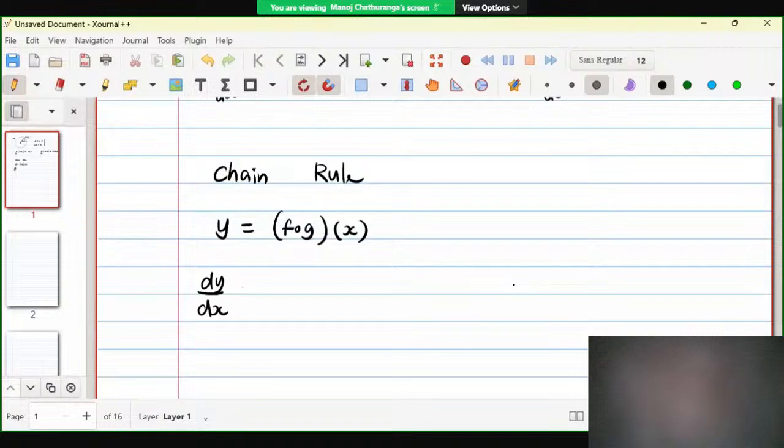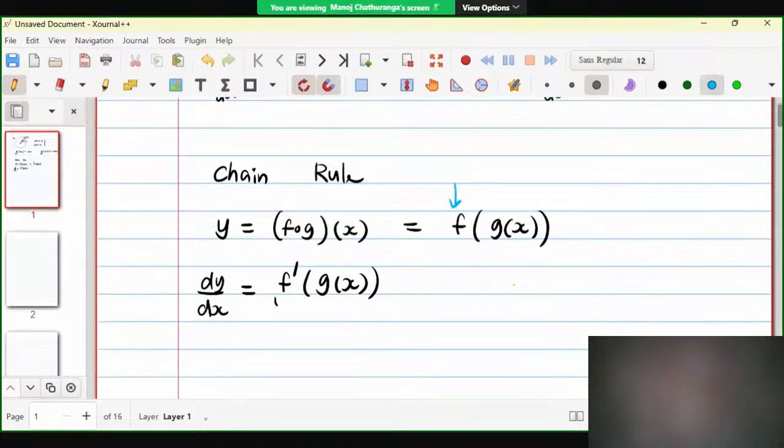To differentiate this composition, we start from the outer function. If inside we have g, we start from the outer function f. We differentiate it, and we don't do anything to the inside. This is what we do the first time. We differentiate f. Then once we are done with f, we forget it and go inside. Inside we have g, so we differentiate g.